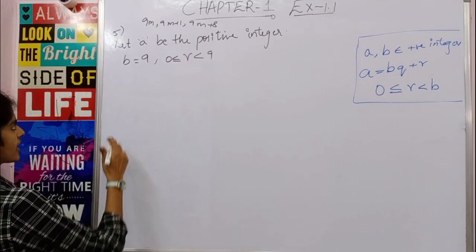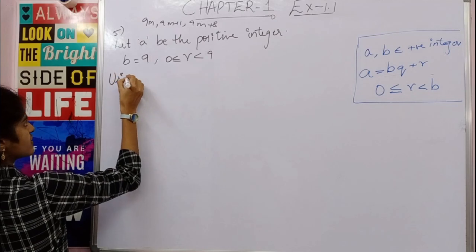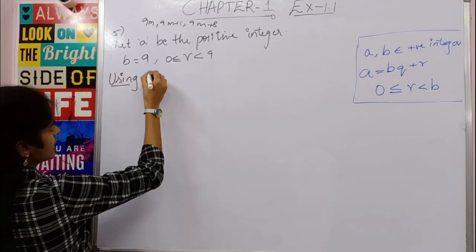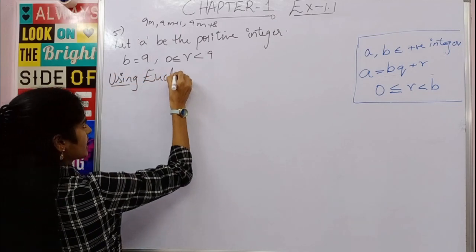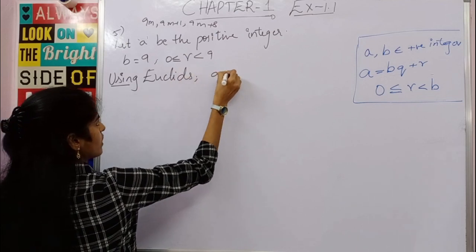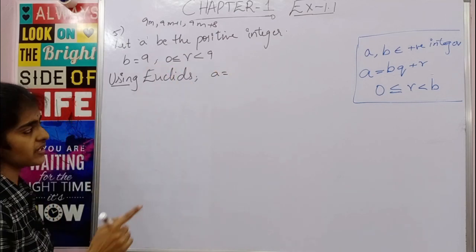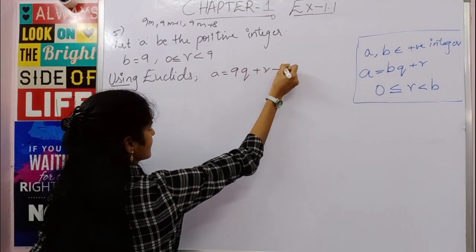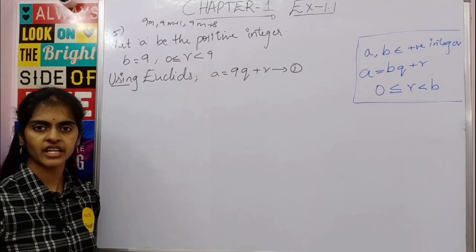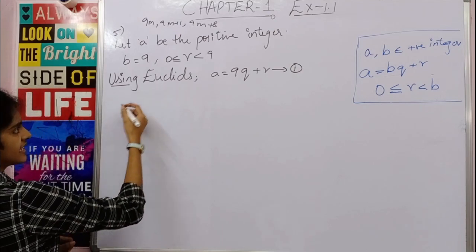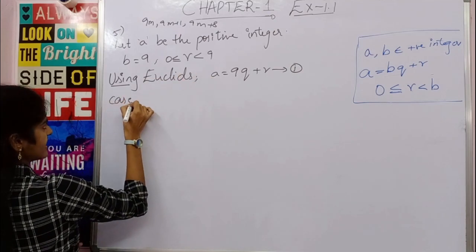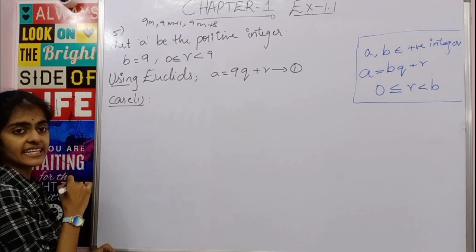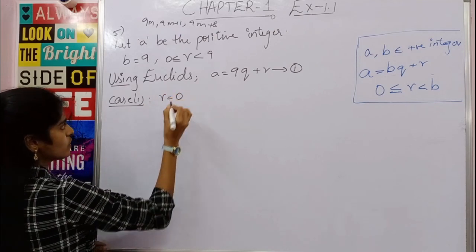Clear? Now again, using Euclid's division lemma, what can you say? Using Euclid's division lemma, you can write it as a equal to b q plus r, but here b is what? B is 9. So 9q plus r, let this be equation 1. Okay, now let us take various cases. Case 1. In case 1, let us take r equal to 0.